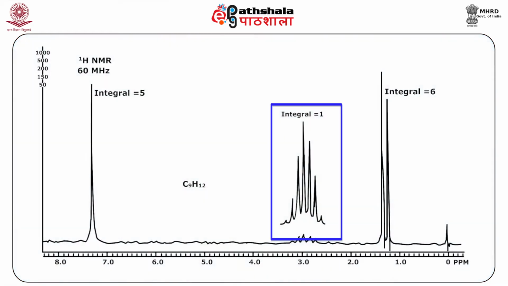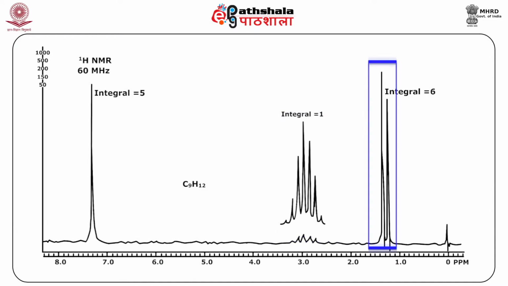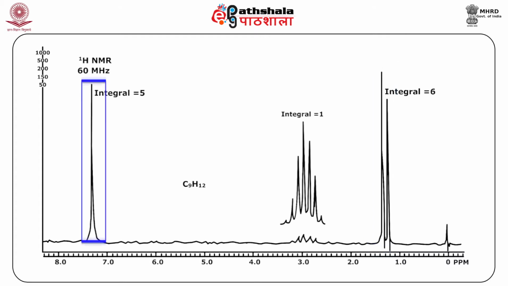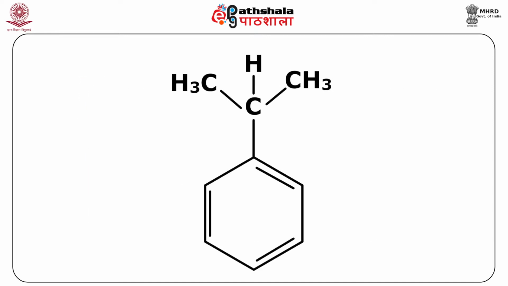A septet at 2.9 ppm for 1 proton and a doublet at 1.3 ppm indicate the presence of an isopropyl linkage. The peak at 7.3 delta for 5 protons is due to the monosubstituted aromatic ring. Thus, the given compound should be isopropyl benzene.